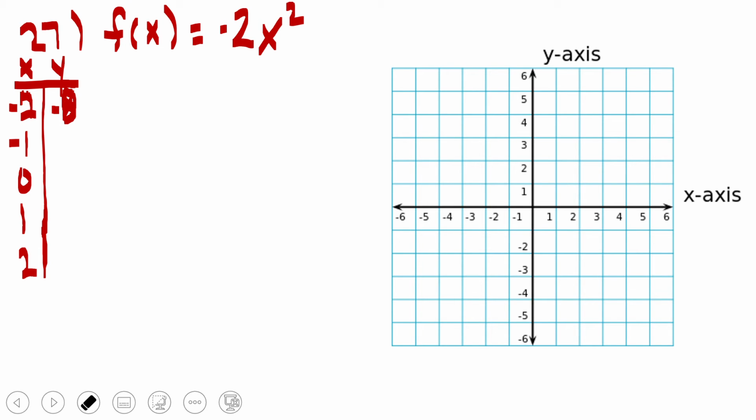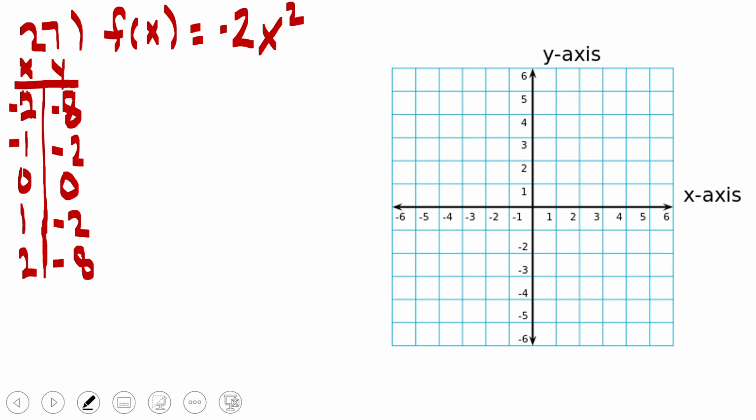At -1, we would get -2 for y. At 0, that's easy, it would be 0. At 1, we would get -2. And at 2, we would have -8.